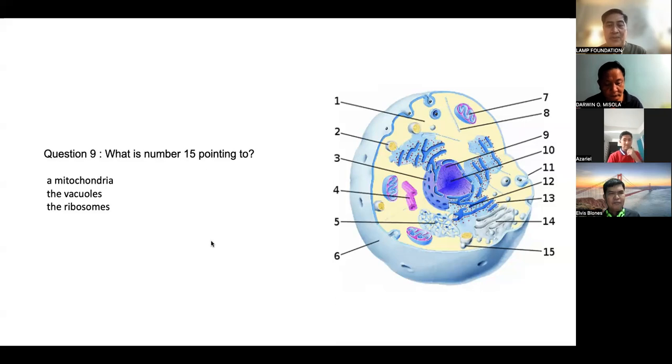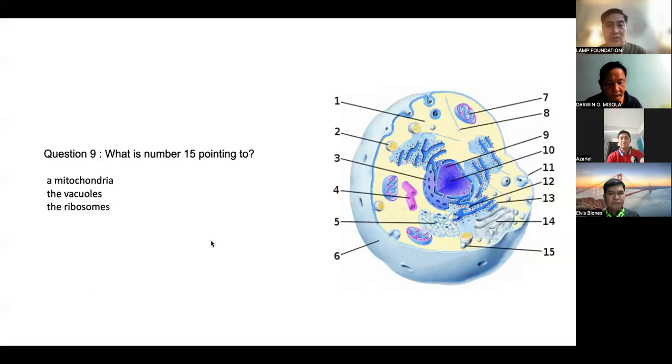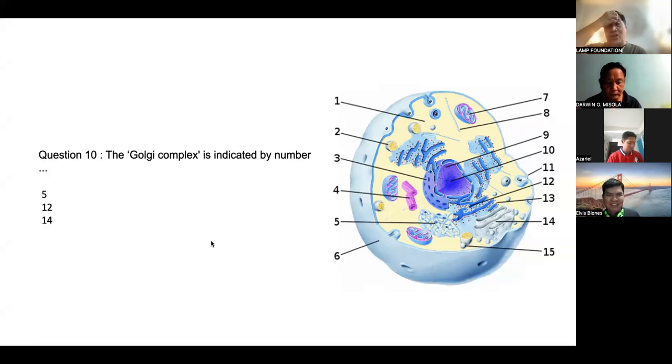So ito po is number 10, ha? Number 10, the first choice. What is number 15 pointing to? No. Ay, mali din. 2. The vacuoles. The Golgi complex is indicated by number.